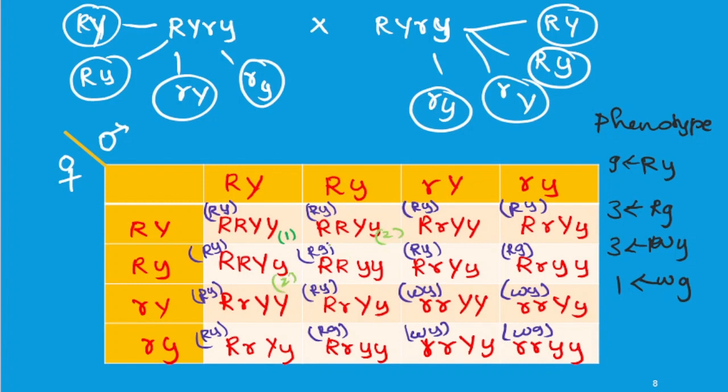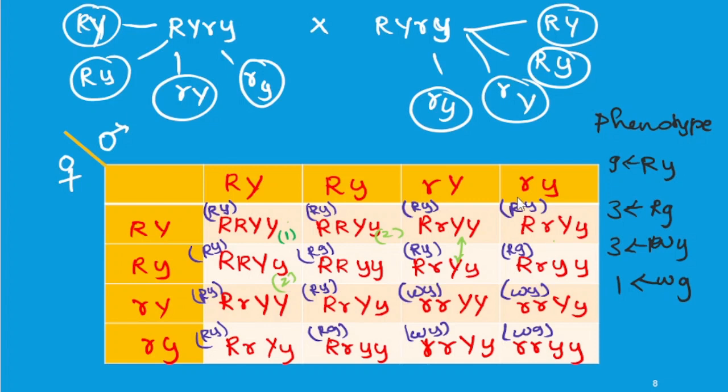So this is 1, this is 2, and these two are having the similarity. These three are having the similarity. This is how you have to find the genotype. These three have the similarity.